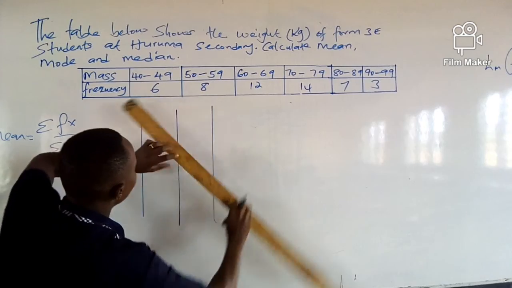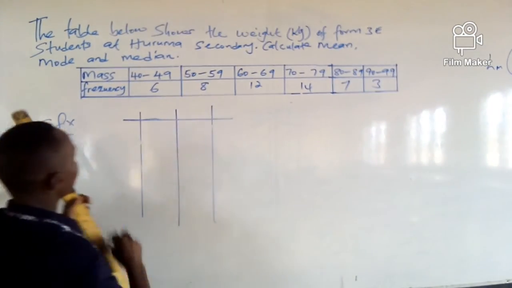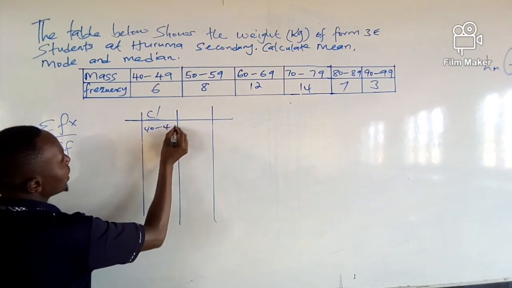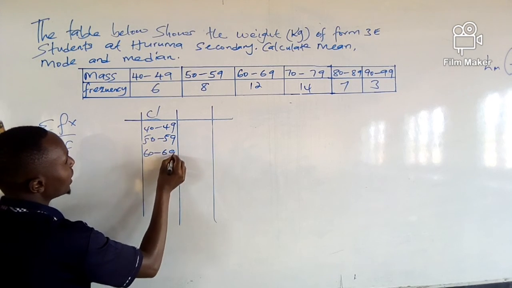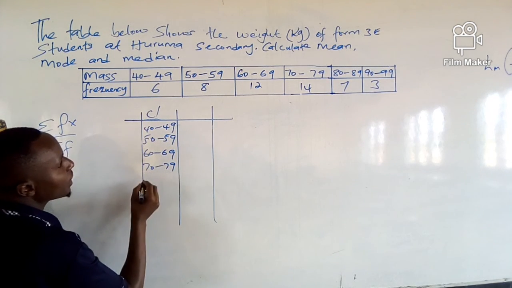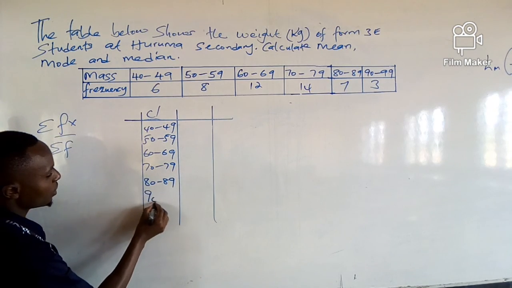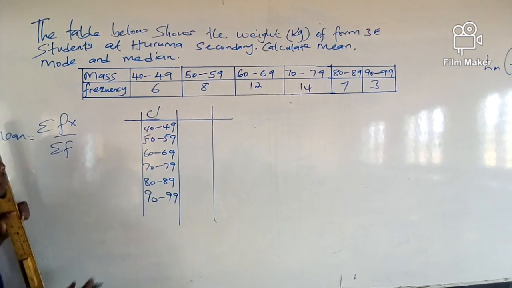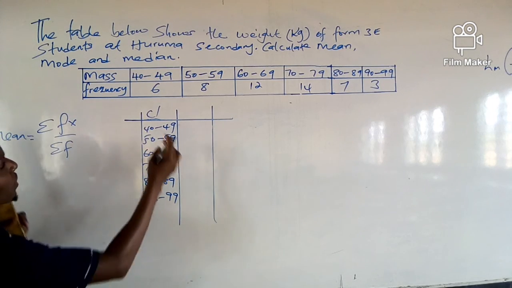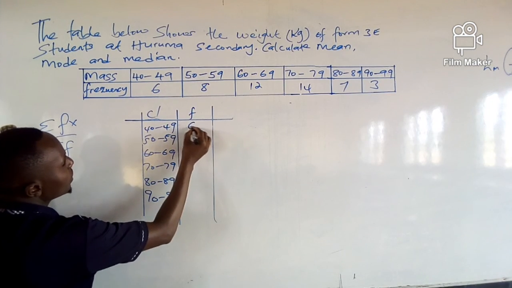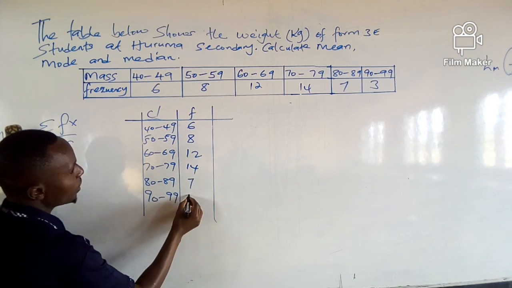The first column is the class interval, representing the masses: 40 to 49, 50 to 59, 60 to 69, 70 to 79, 80 to 89, 90 to 99, as given in the original table. The other column is the frequency, which is 6, 8, 12, 14, 7, 3.